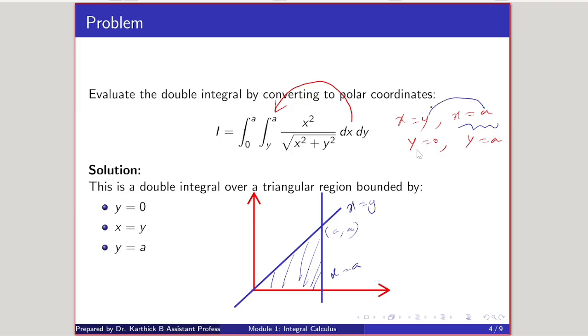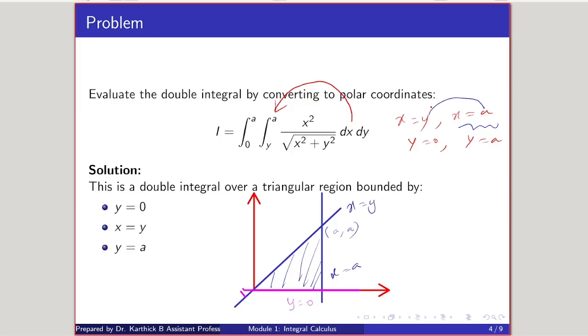Next we want to go for y equal to 0. Y equal to 0 represents the x-axis. Then y equal to 0 and y equal to a.